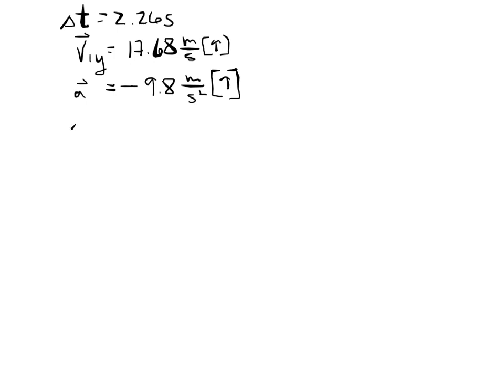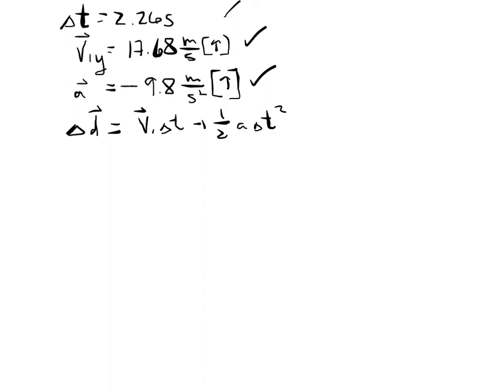And so we can say that delta d, given that we have delta t, v1y, and a, looking at our equations, we see that this one, v1 delta t plus a half a delta t squared, is one way to find our displacement at that time.